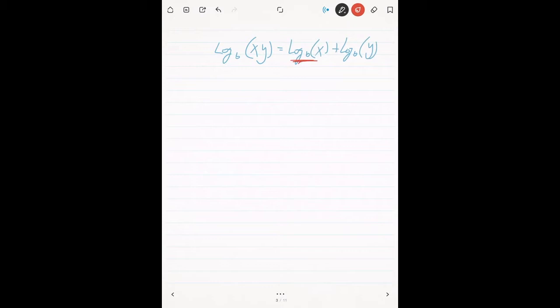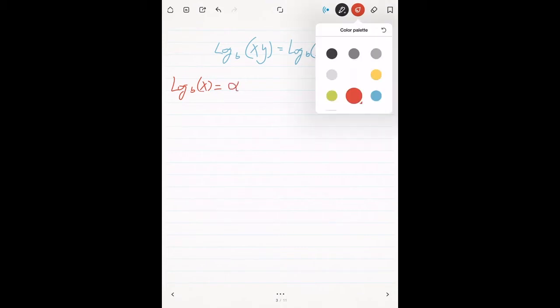I'm going to work with both of these terms individually. So let's start with log base b of x. Log base b of x, that's just going to equal some quantity for me, right? So let me make that a quantity. Let me pick alpha. I'll do alpha there.